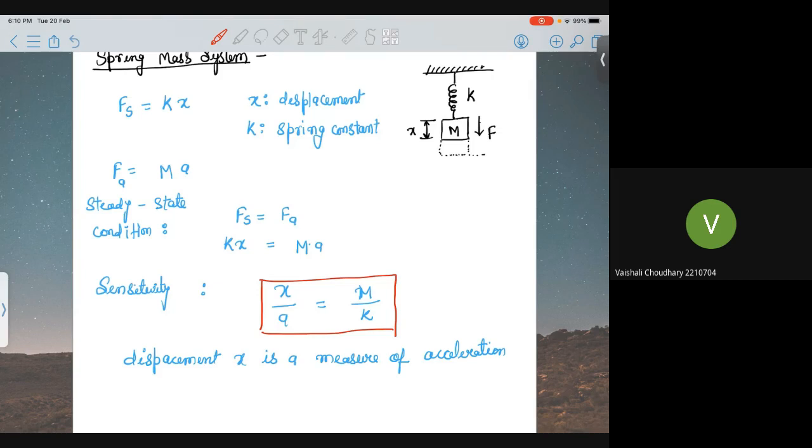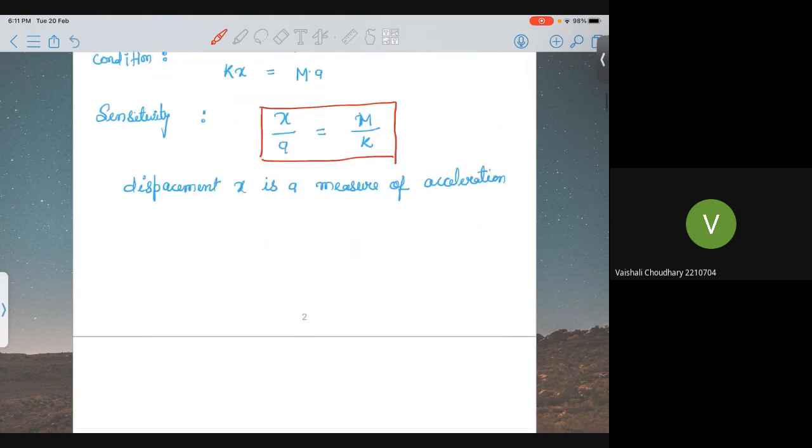Now we'll move on to some other concepts. Suppose, now we'll talk about different pressure sensors.